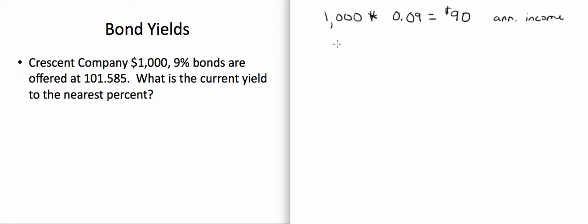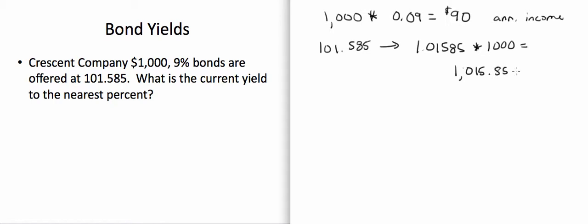Then we have to find the bond price, which means we're going to take the selling price, 101.585, and change that to 1.01585, if we remember back to section 4. We multiply that by 1,000, which gives us an answer of $1,015.85. So this is our bond price.